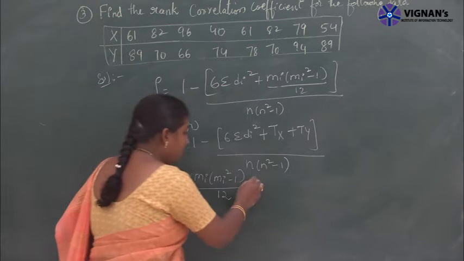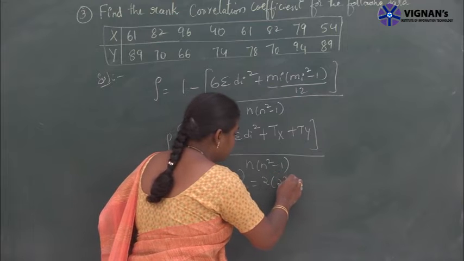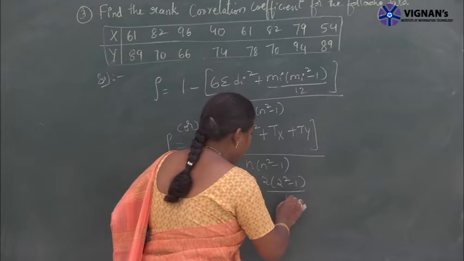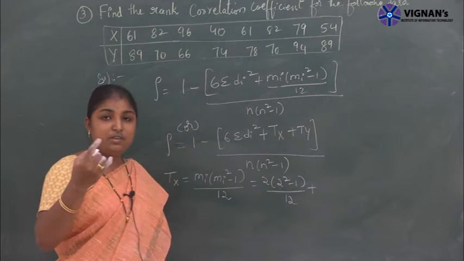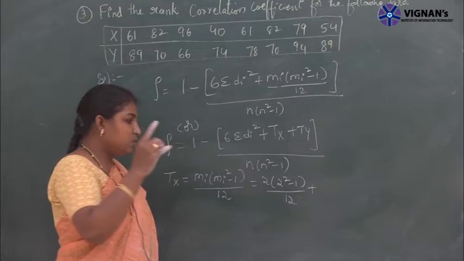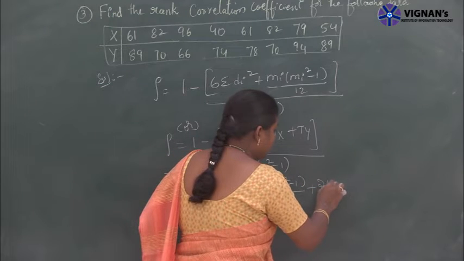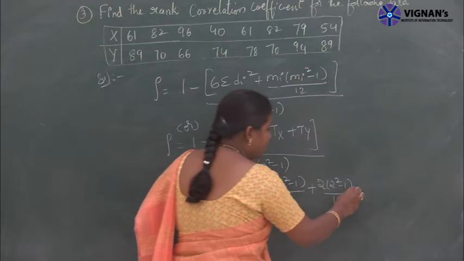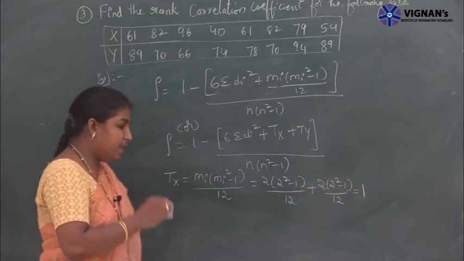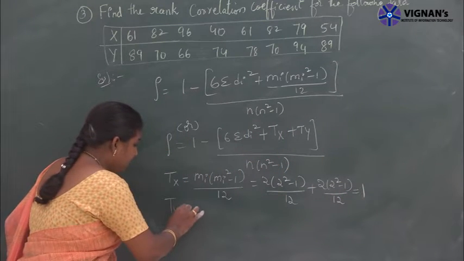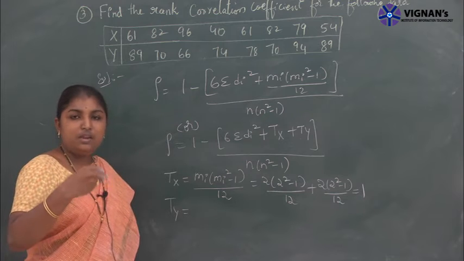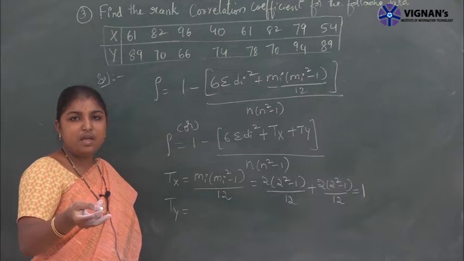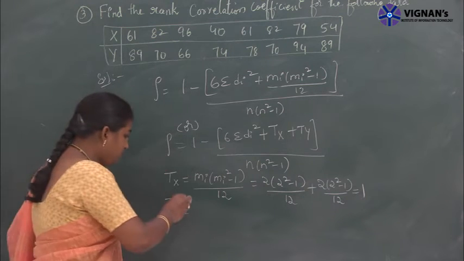So for the first one we are taking 2 into 2 square minus 1 by 12, plus 5.5 is also repeated 2 times, so that can be written as 2 into 2 square minus 1 by 12. We simplify this one, and we get this value is 1. Next step, for ty, in ty also we have to see how many repeated ranks we have.